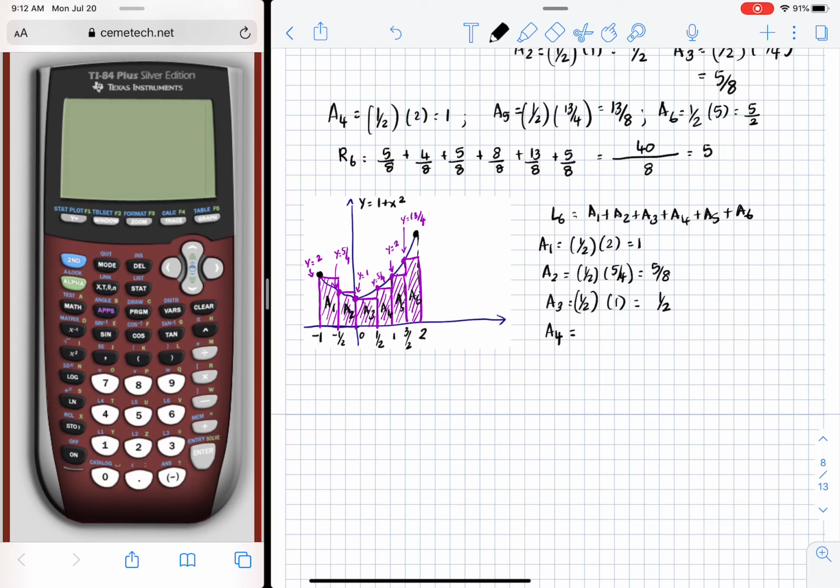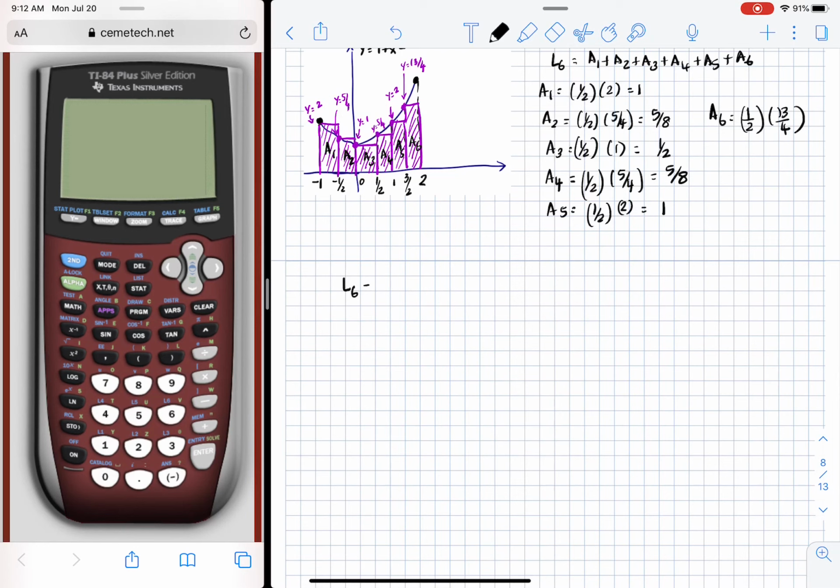A4, we have 1/2 multiplied by the height, which is 5 over 4, we get 5 over 8. A5, we have 1/2 as the width, and the height is 2. And A6 is 1/2, the width, multiplied by 13 over 4.